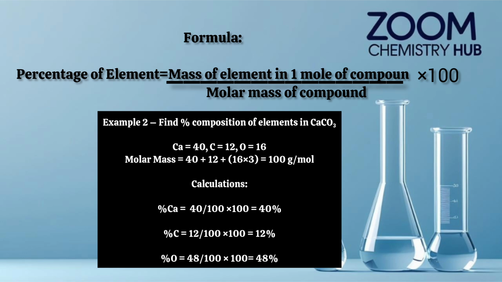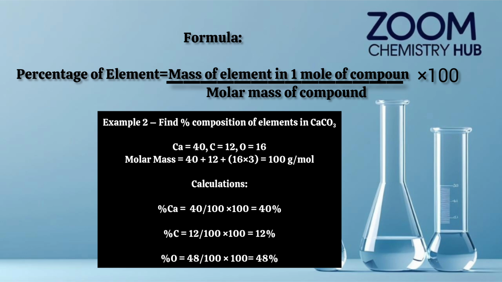After calculating the molar mass of this compound, we will calculate the percentage composition of each element. The percentage composition of calcium is equal to 40 divided by 100 multiplied by 100. So here the percentage of calcium is 40%.